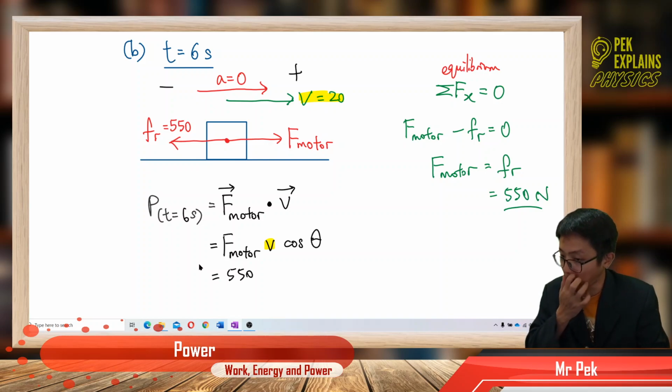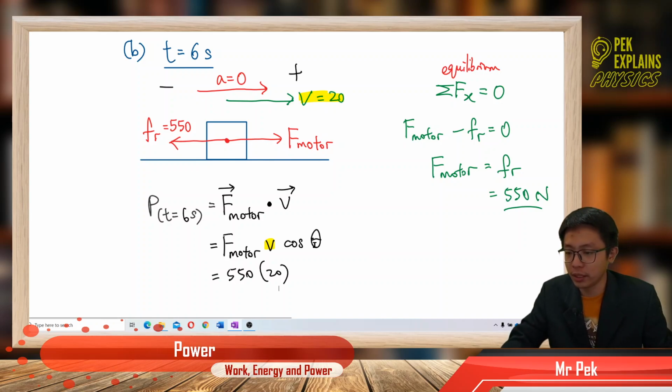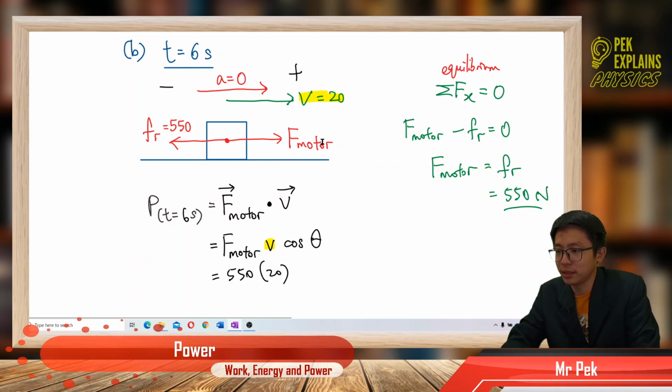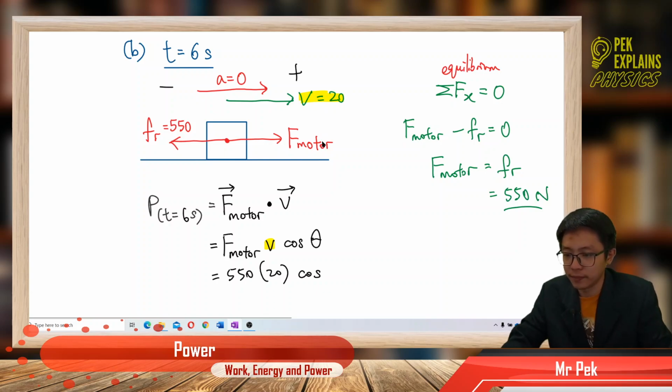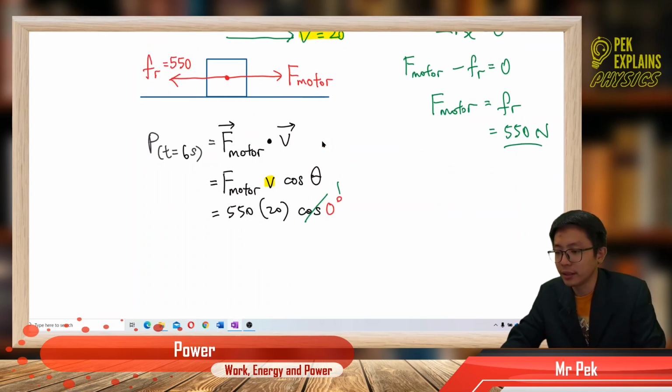Velocity is 20. What's the angle between force and velocity? The force of the motor and the velocity are in the same direction, parallel to each other. So cos 0 degrees is 1.